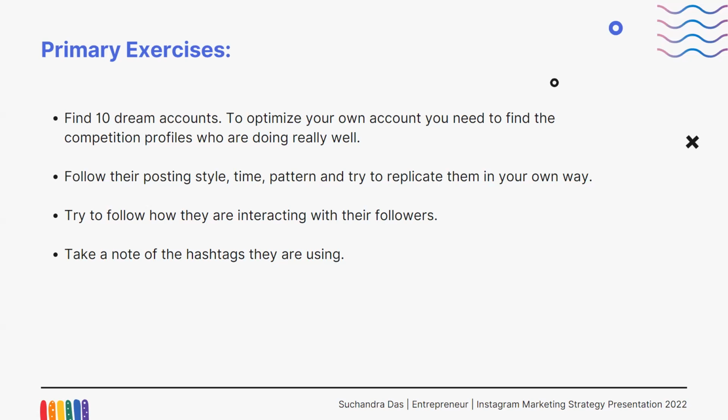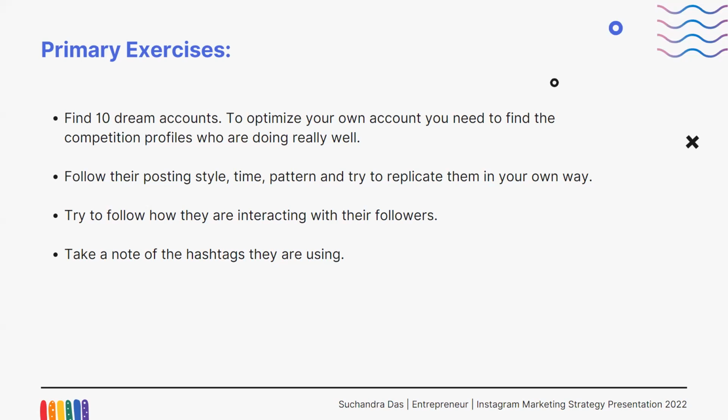The next point is to try to follow how they are interacting with their followers. I have a brand and I have an Instagram account. There are some pictures there, but I am not getting that much interaction from my followers.